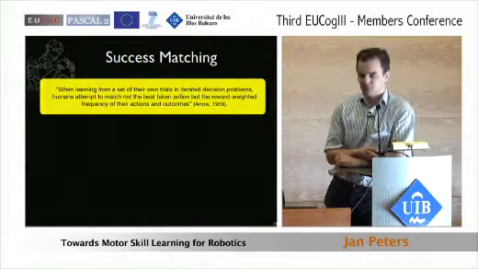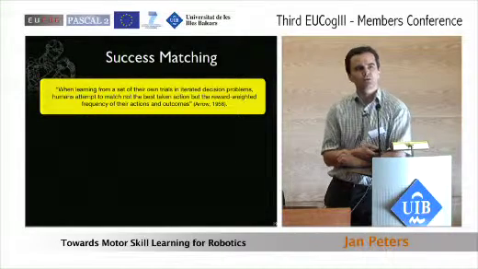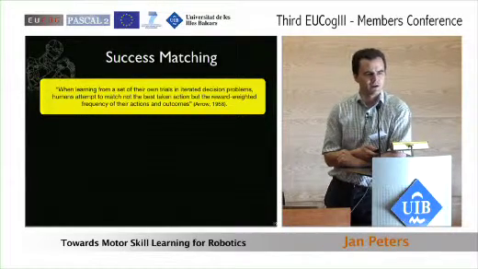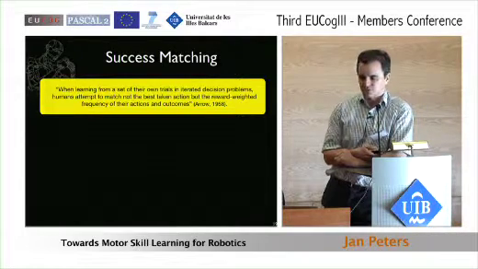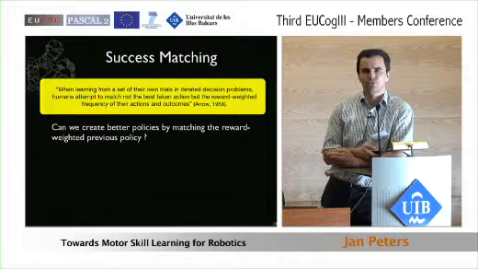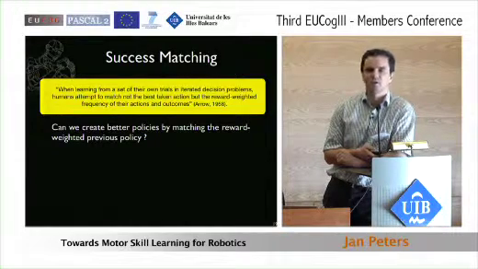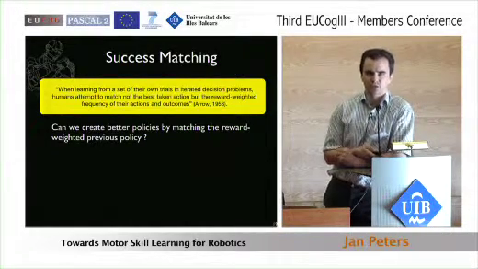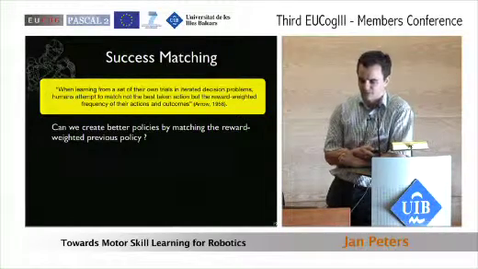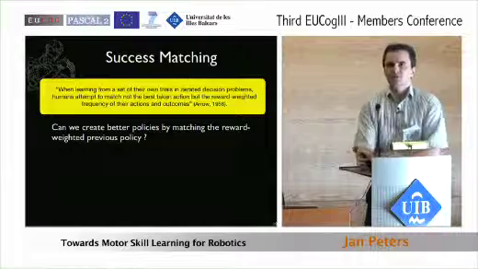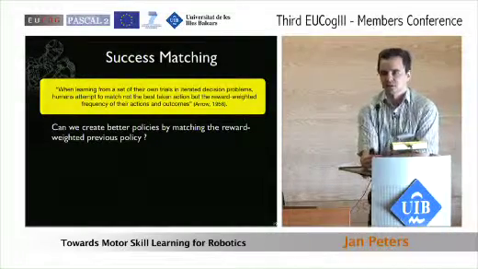And that's incredibly weird, but when you think of it in the framework we have, then it makes a lot of sense. Since it basically means what they're trying to do is they're trying to match the reward-weighted previous policy with their current policy, treating the reward as if it was an improper probability distribution. So intuitively, this means something very straightforward.